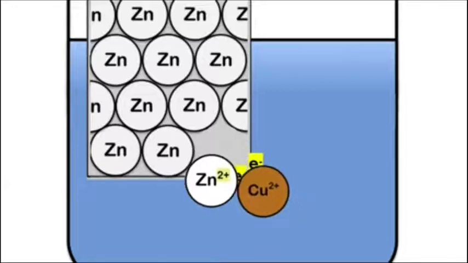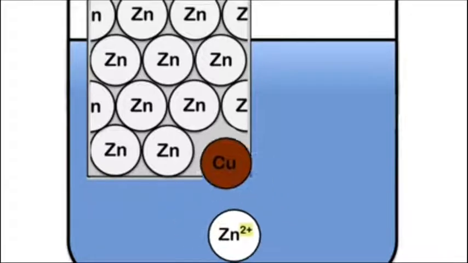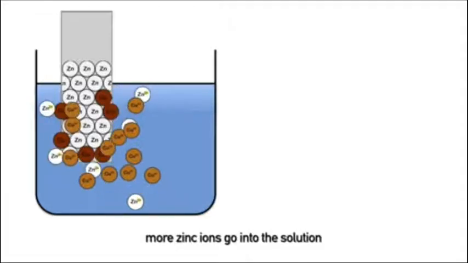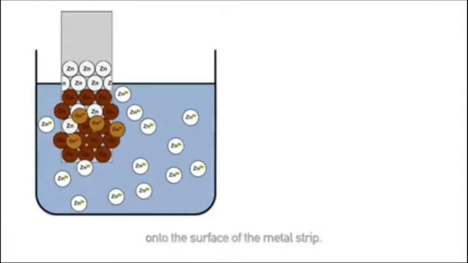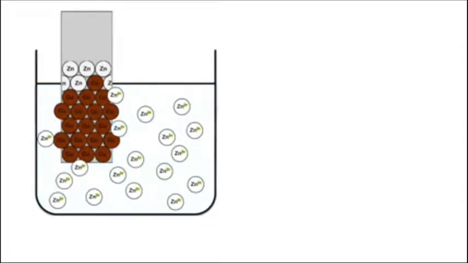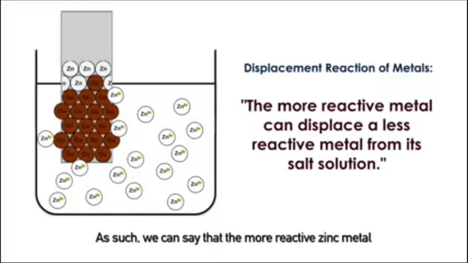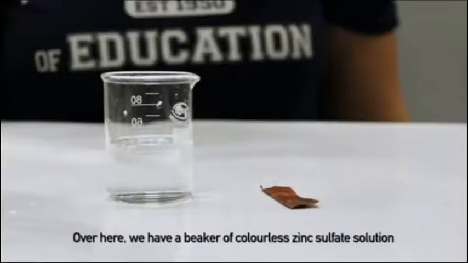As you can see there, how the zinc and copper are getting displaced with each other. Zinc ions go into the solution and copper atoms are deposited on the metal strip. The more reactive metal can displace a less reactive metal from its salt solution.